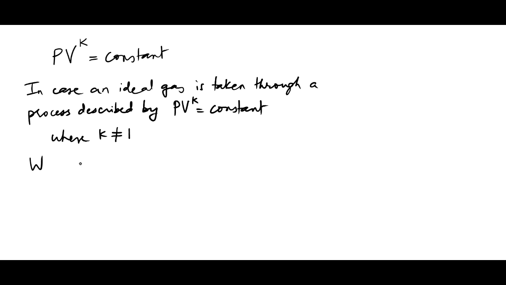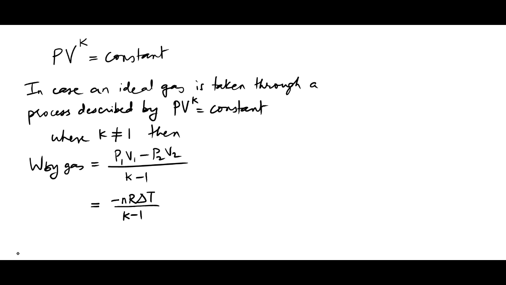Then the work done by the gas on the surroundings is given by P1 V1 minus P2 V2 upon K minus 1, where P1 and V1 are the initial values of pressure and volume, and P2 and V2 are the final values. And of course you could write it in terms of the temperature as follows. So it's equal to minus nR delta T upon K minus 1.